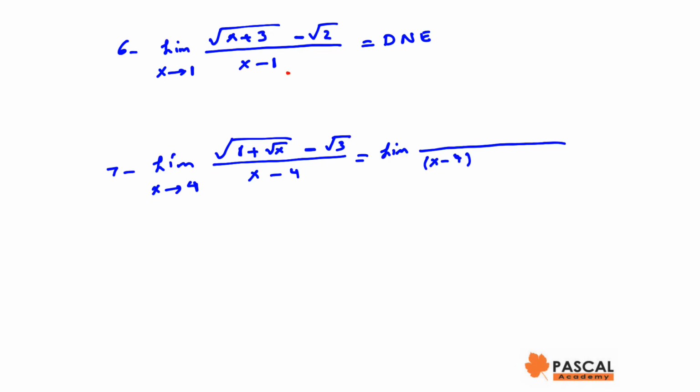If we rationalize the numerator of the given function by multiplying and dividing by the conjugate of the numerator, the numerator would be 1 plus root x minus 3, and the denominator is (x minus 4) times the conjugate of the numerator, which is square root of 1 plus square root of x plus root 3.